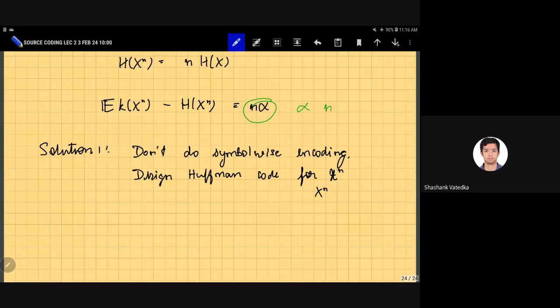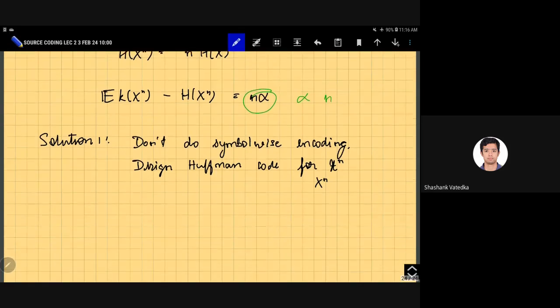So if we design the Huffman code for xn, then the expected length that we can now achieve is somewhere between h of xn and h of xn plus 1 bits, right?